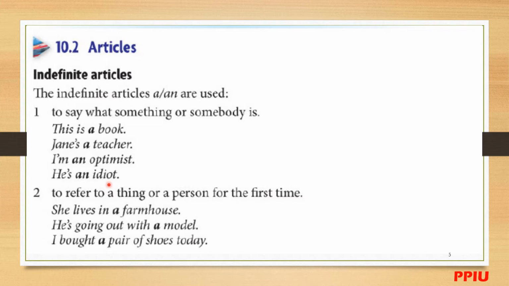And number two, a and an are used to refer to things or a person for the first time. She lived in a farmhouse. He's going out with a model. I bought a pair of shoes today. Alright? Just the first time talking about this one, right? Okay. So we use a or an in here.